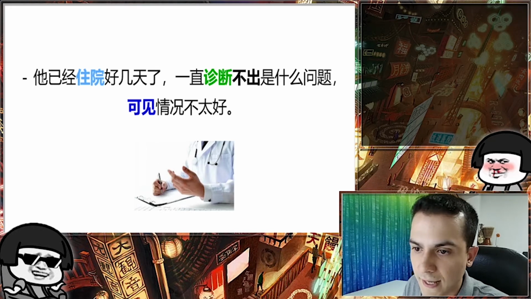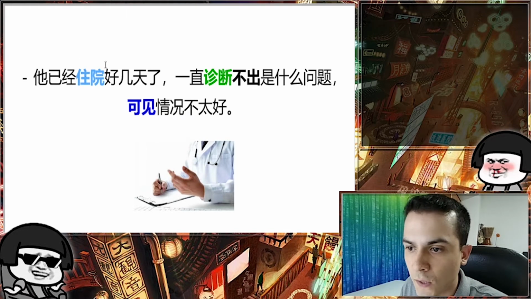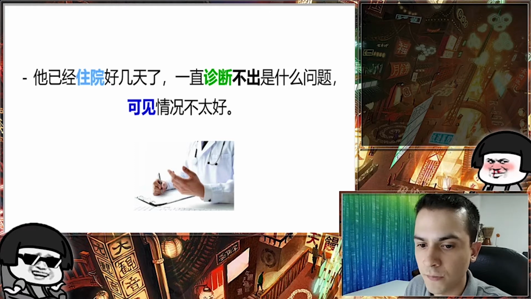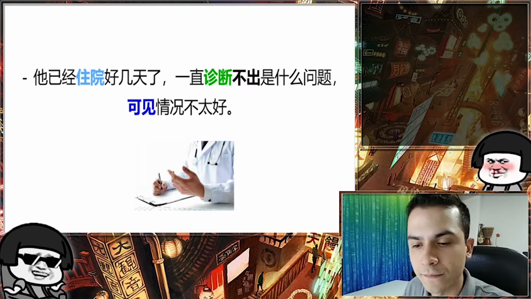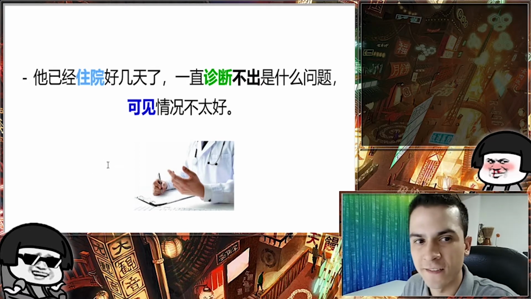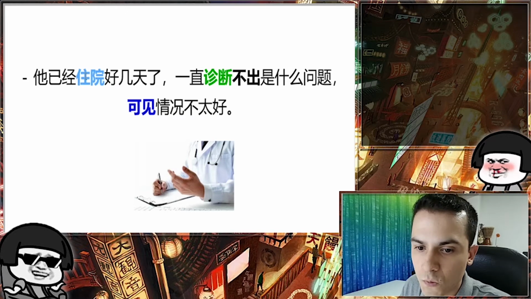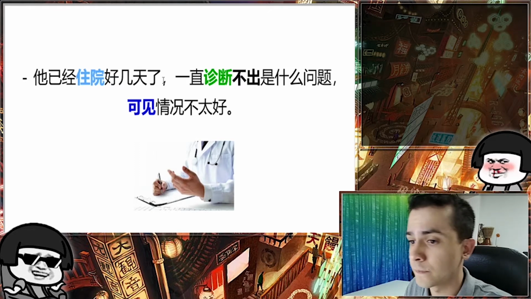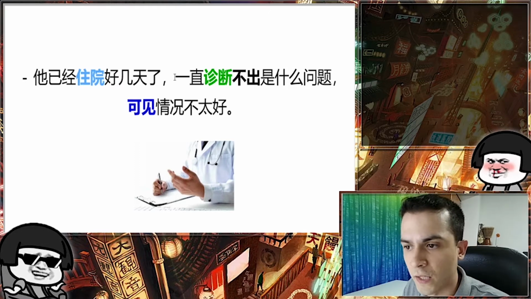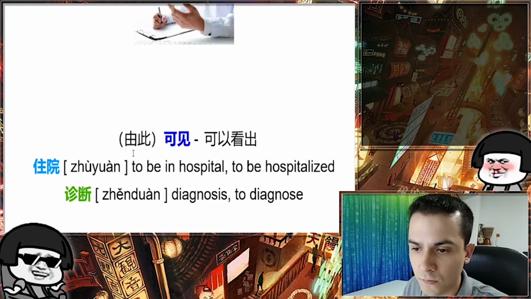Okay, so 他已经住院好几天了，医治什么？诊断不出，是什么问题啊？可见情况不太好。Okay, pretty easy, right? So 他已经住院好几天了。He has already been hospitalized for quite a few days. 医治诊断不出。So 诊断, do we remember what it means?